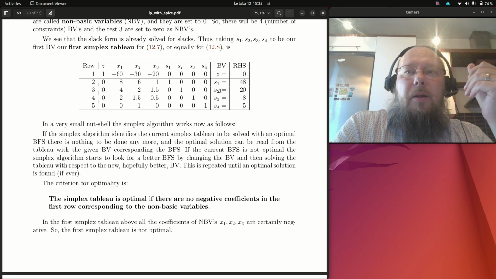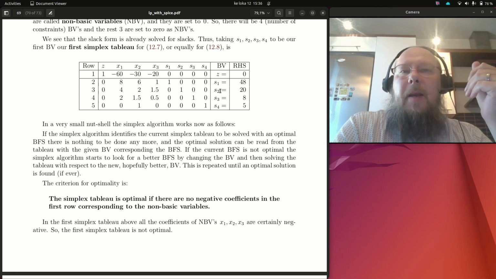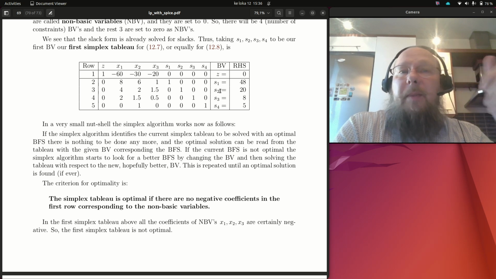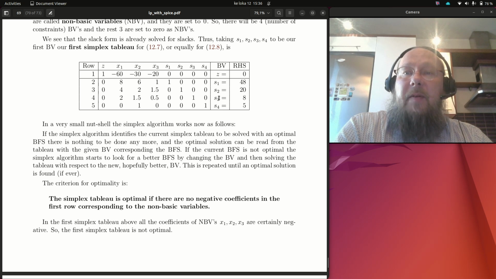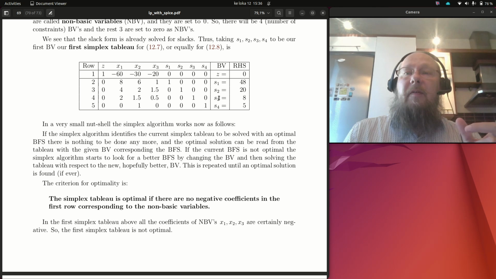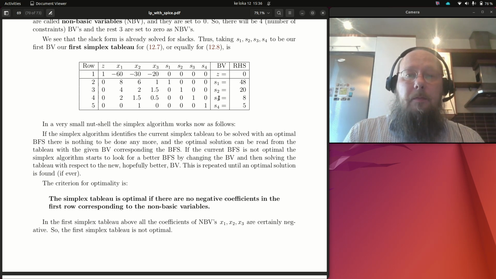So now there are two things. One, a non-basic variable, NBV, becomes a basic variable. We have to choose that. That's the so-called entering variable. And then there is one basic variable that becomes non-basic, so that becomes 0, so we have a leaving variable. One variable will enter and one variable will leave. So we make a change.